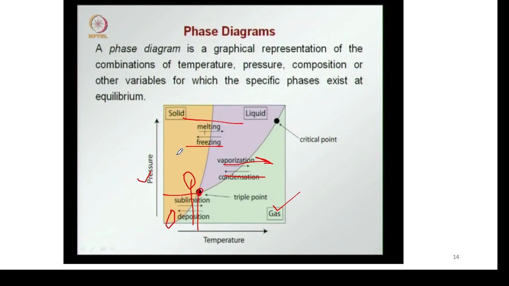Another example is LPG cylinders, where liquid petroleum is put inside under high pressure. Due to the high pressure, it is in the liquid state, but when it comes out, it becomes gas, right?